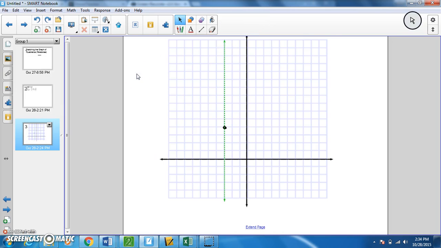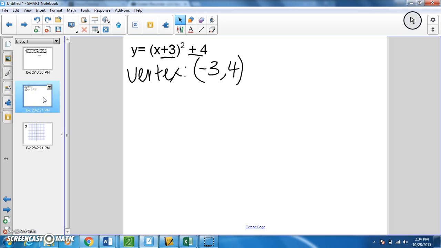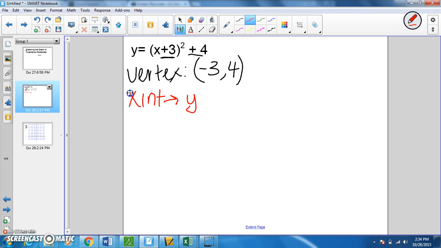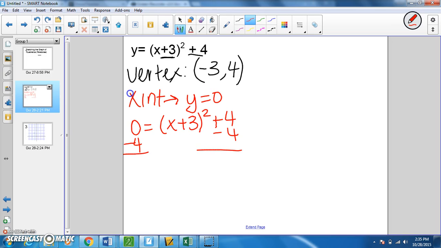Then, we have to find our x-intercepts. To find our x-intercepts, we set y equal to 0. So we have 0 is equal to (x plus 3) squared plus 4. I need to solve for x, so I'm going to subtract 4 from both sides. -4 is equal to (x plus 3) squared, then square root both sides.